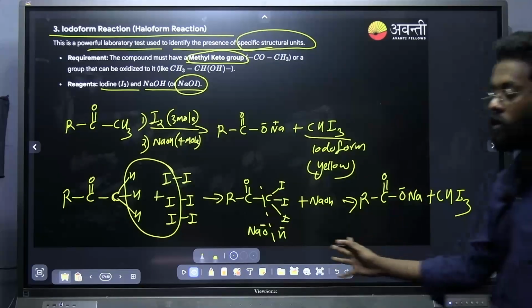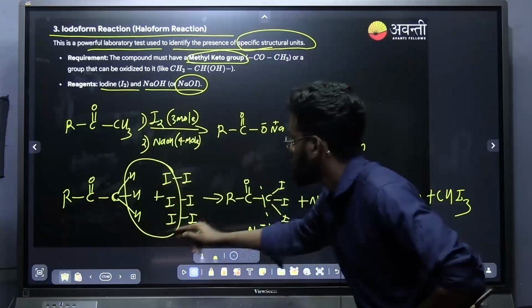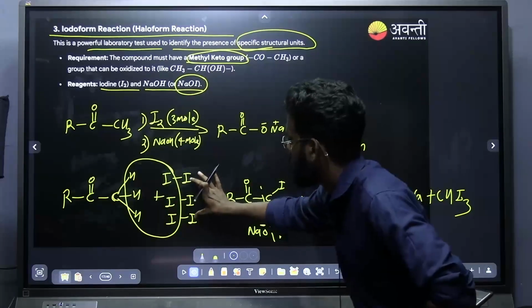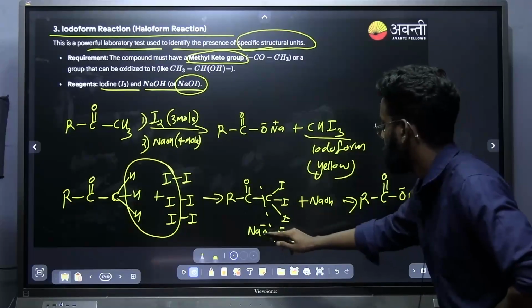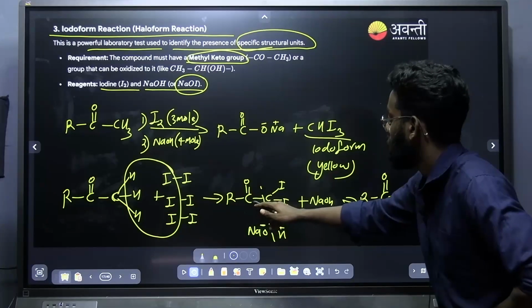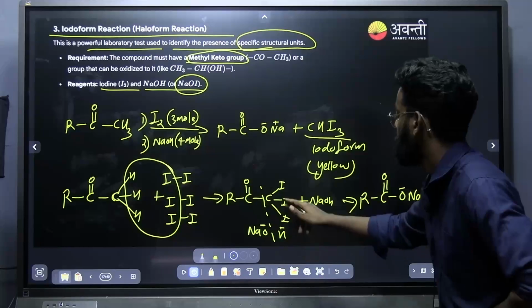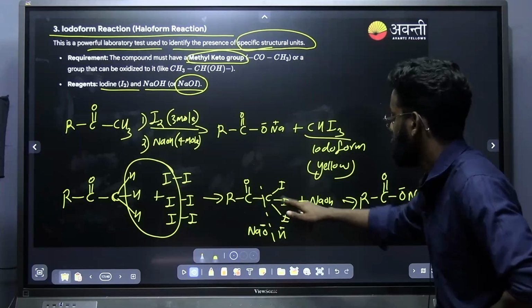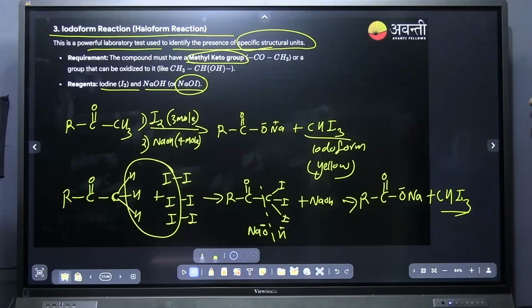This is another easy way you can write the product. Just keep the two things in such a way that there is elimination of 3 iodine, and these 3 iodine join the carbonyl carbon. Then NaOH splits into NaO minus and H plus; the NaO part attaches to the carbonyl carbon, and the hydrogen attaches to the CI3 carbon. So we get iodoform and the acid salt.